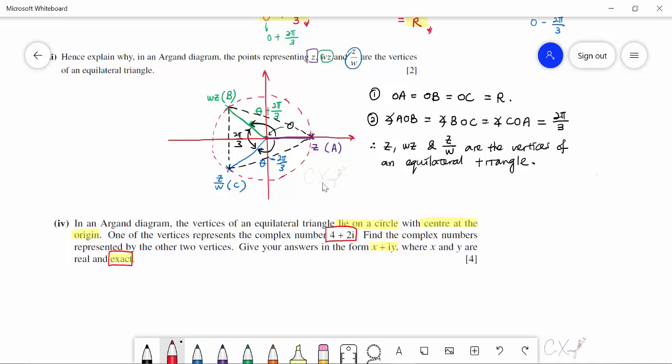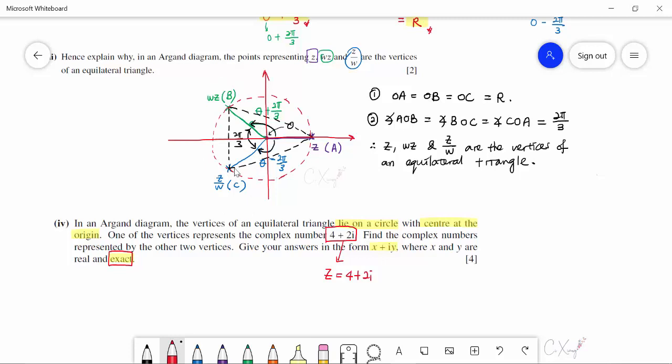So for me, I will let z equal 4 plus 2i. Once I let z equal 4 plus 2i, then I can find the other complex numbers very easily, which is you can take w multiplied with z, and also you can take z divided by w. You already have the complex number w, but you don't have the complex number z. So if I assume that z is 4 plus 2i, then besides the first vertex, you can easily get the complex numbers for the other two vertices.